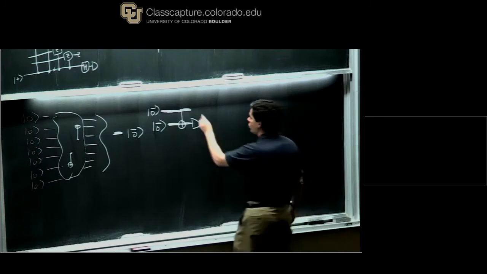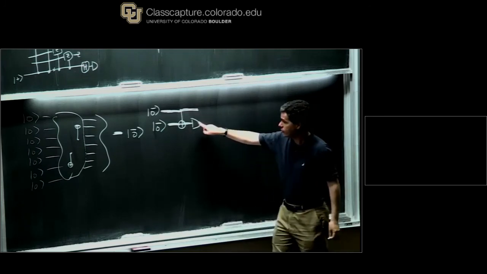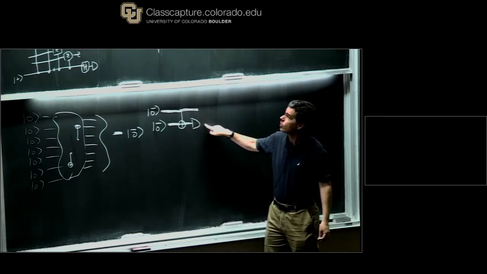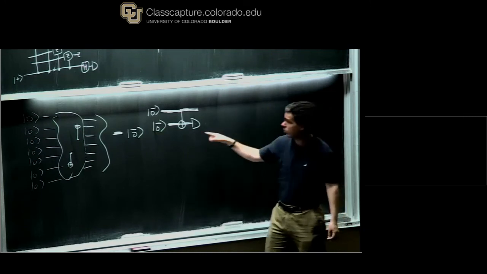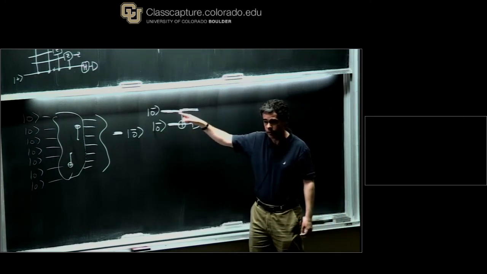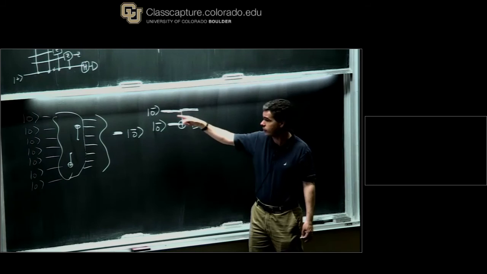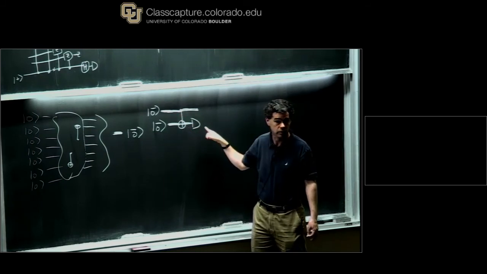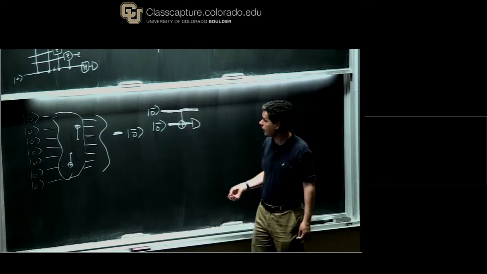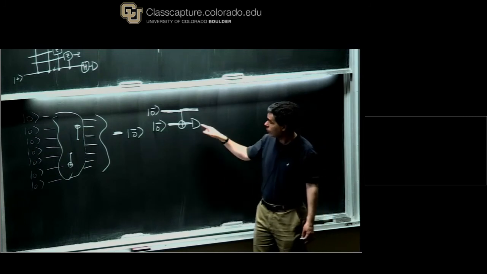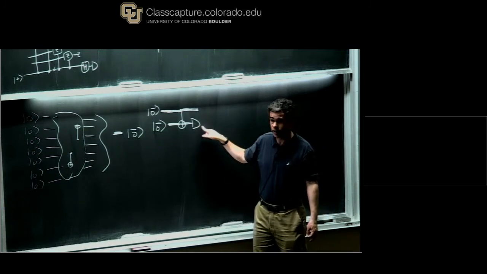Okay? So remember what this tells us. When we measure here, we get information about the combined error of single qubit bit flip errors on both of these put together. And we also learn something about the logical state. We learn if the logical state is 0 or not.